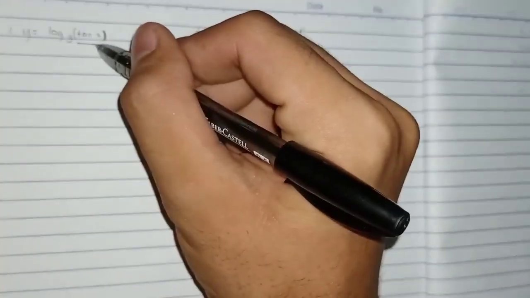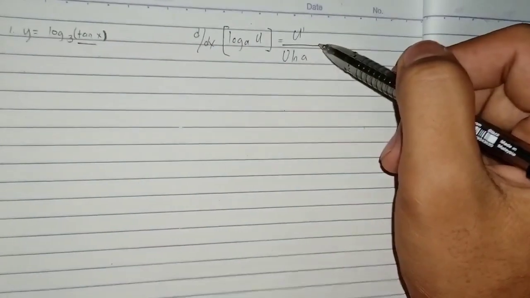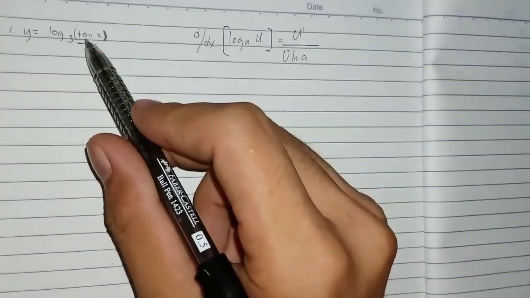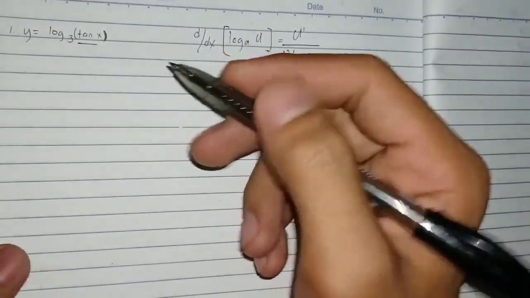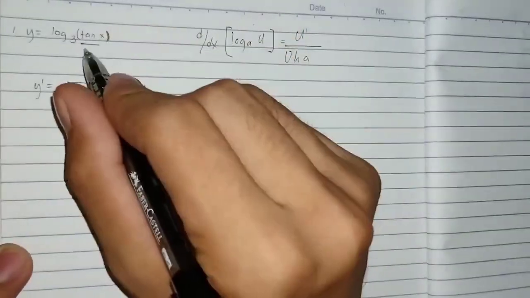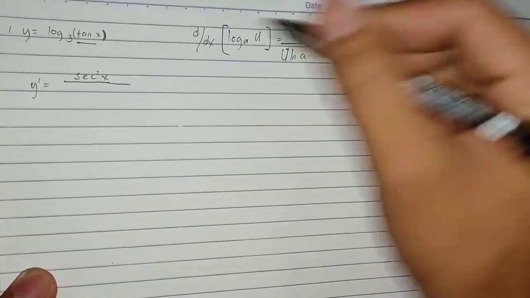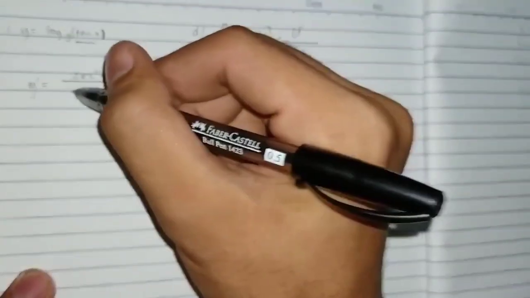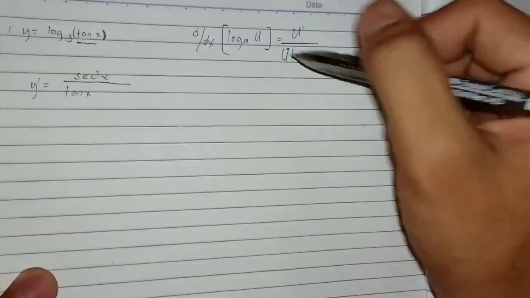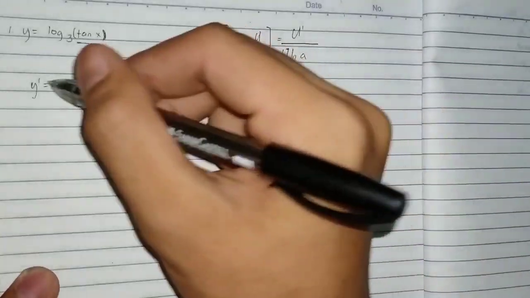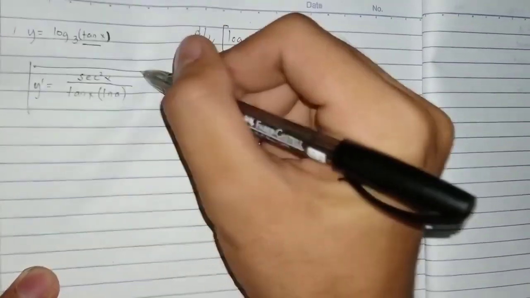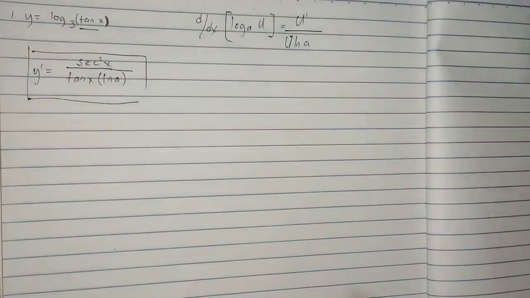This is our u. In our numerator, we need to find the derivative of tangent x, over our u, which is tangent x, times the natural log of our base. So this is the derivative of our first function.